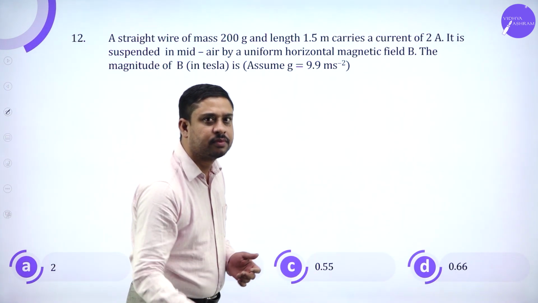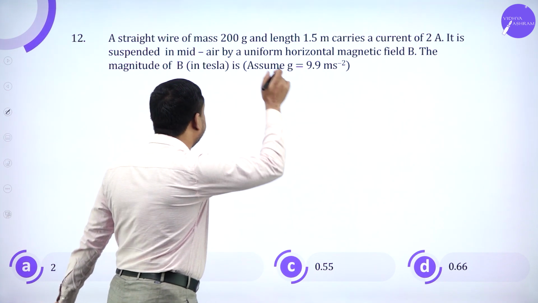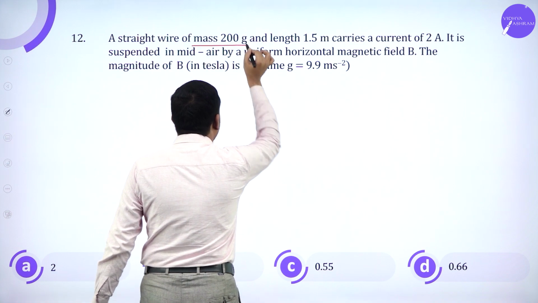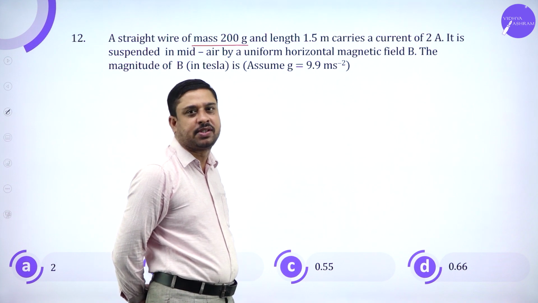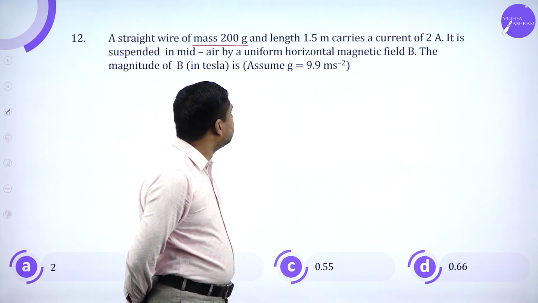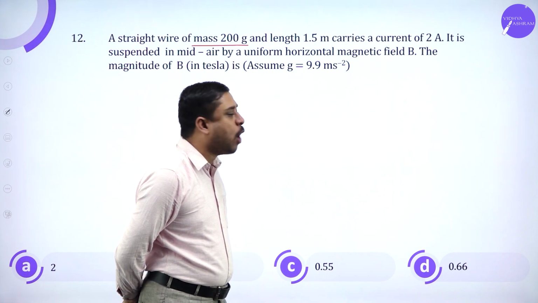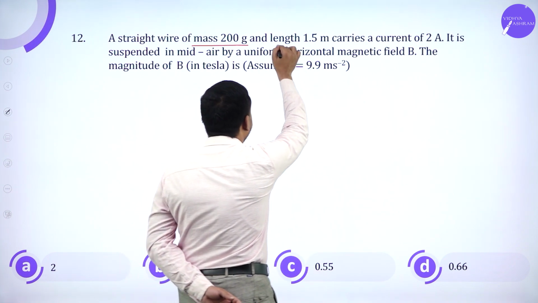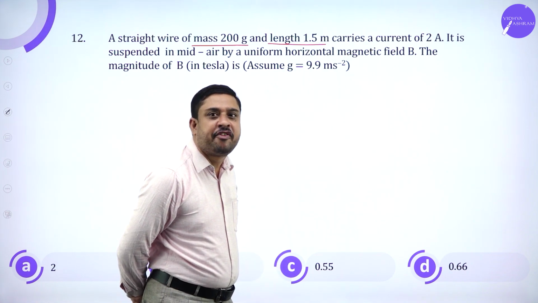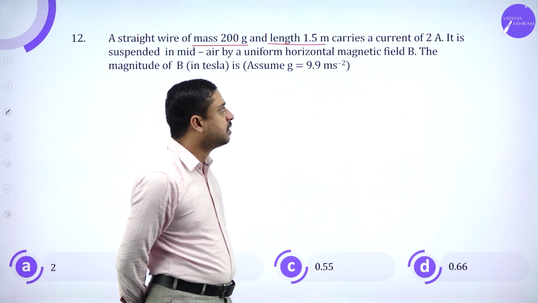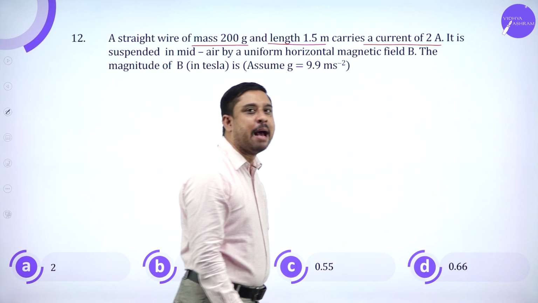Next one. A straight wire of mass 200 grams. There is a straight wire whose mass is 200 grams and length 1.5 meter, carrying a current of 2 amperes.